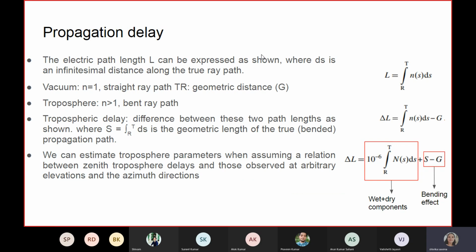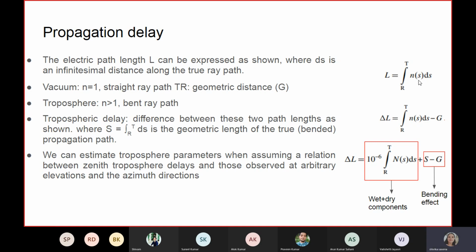So here you can see capital L is the distance from the receiver to the satellite. Receiver means R, satellite means capital T. Okay, so capital L equals the optical distance from receiver to the satellite, and it is an integral of refractive index multiplied by distance.